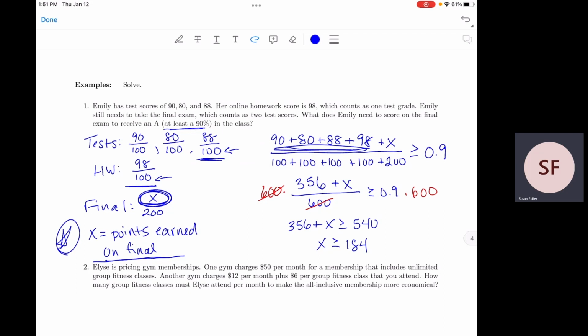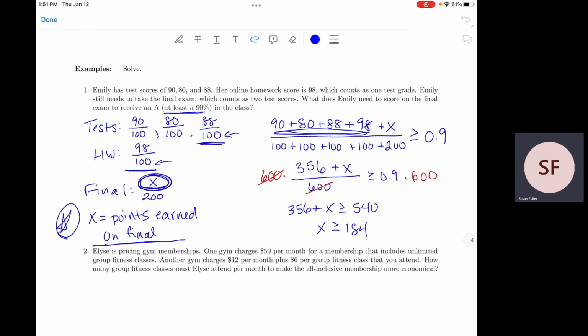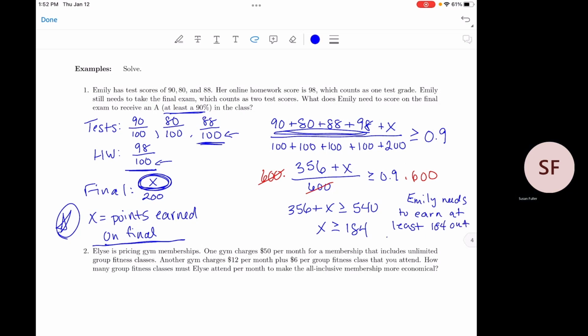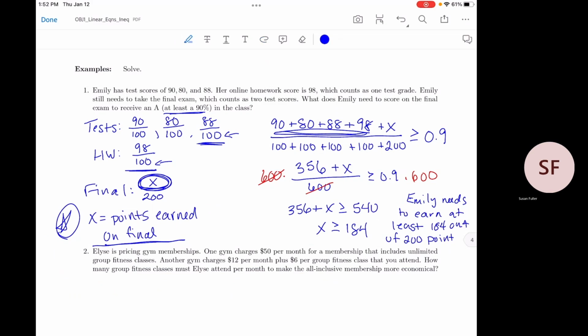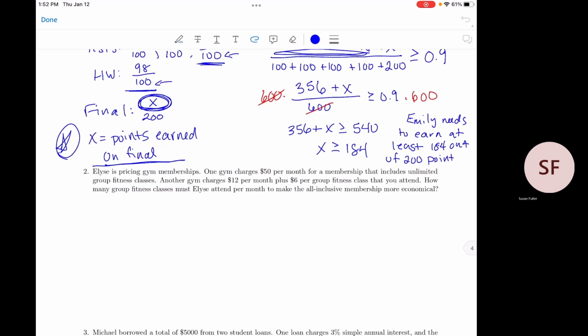So to answer the question, and I know I'm almost out of space here, so I'm really sorry how tight this is. I'm going to write, to answer the question, Emily needs to earn at least 184 out of 200 points on the final.